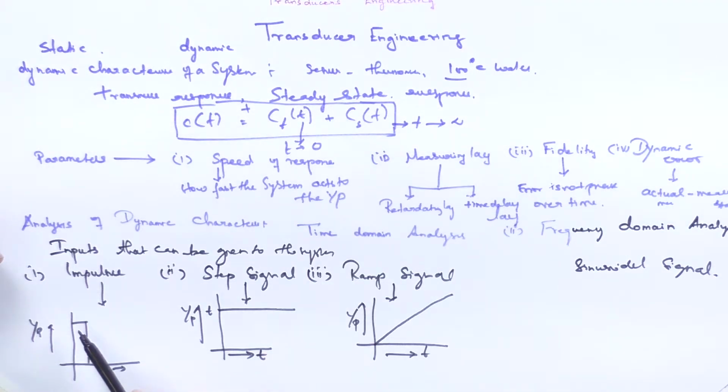A step signal is one where you give a constant input to a system. A typical example is this 100 degrees centigrade water where we drop our thermometer inside. This is a step signal. Imagine you want to make it an impulse signal: you just dip and then take out. That is an impulse signal for a thermometer.